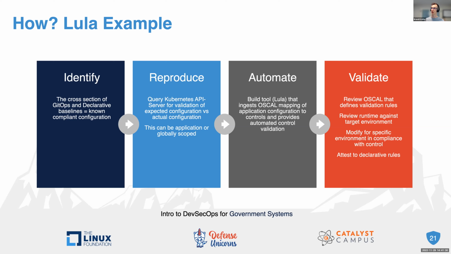And if it is, it may very well be compliant with a number of controls. And so we can reproduce that, right? We can query the Kubernetes API and say, I know what I deployed. I know what configuration it should be in.